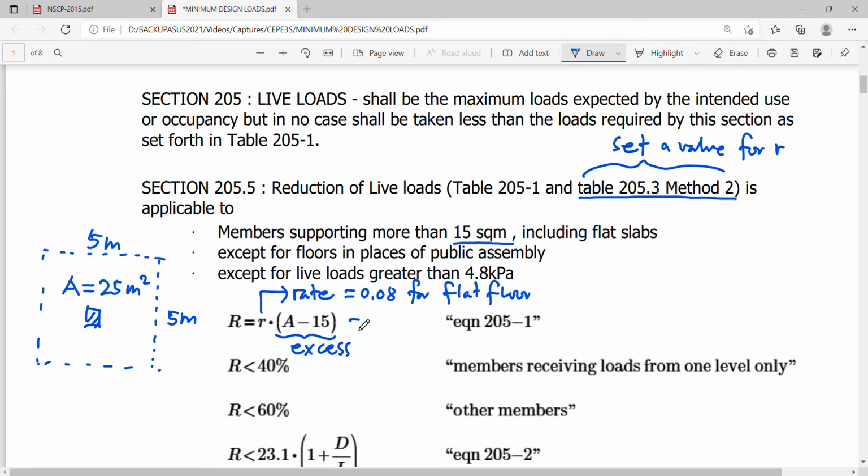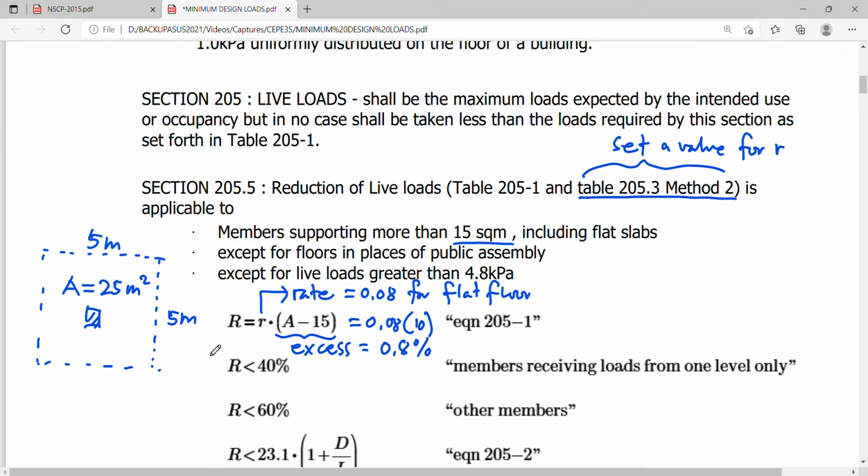So I have here simply 0.8 by 10. Okay, so this is simply 0.8% reduction. So it's not quite very big because the area upon which the column is placed to support is only very small.